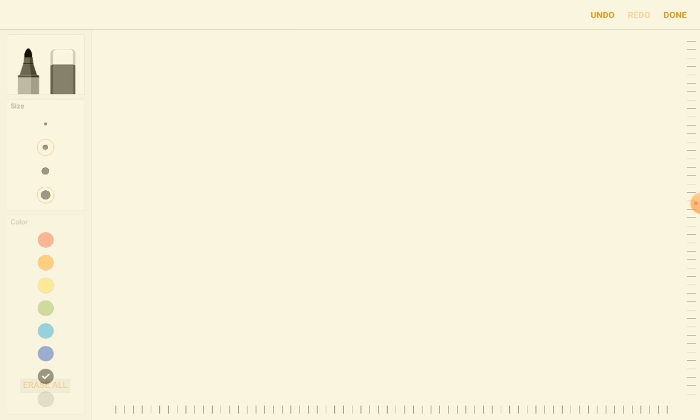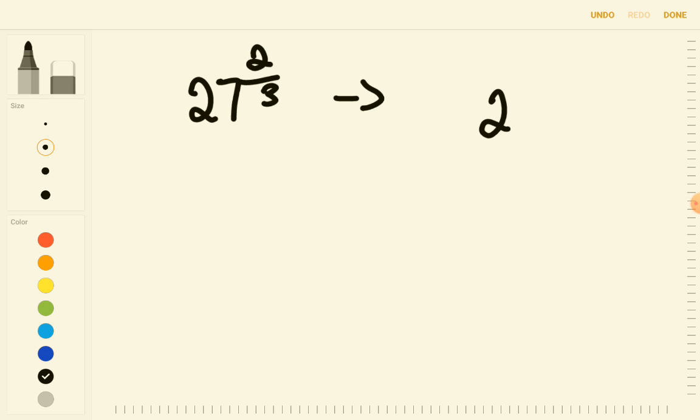For our next problem, we have 27 to the 2/3. When we write this out, we would get 27 with the root being the a value and the power being the b value. The a value here is 3, and the power is 2.